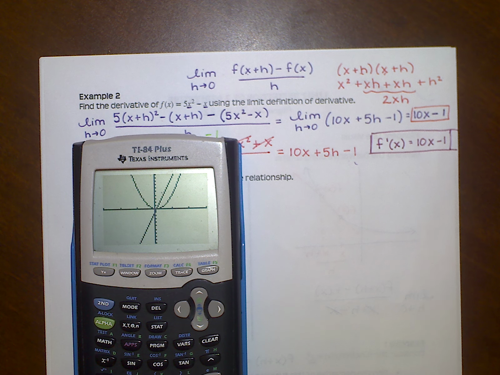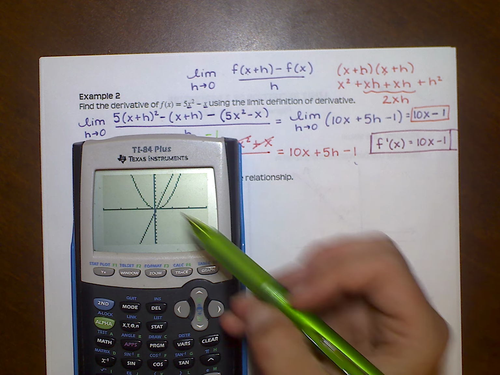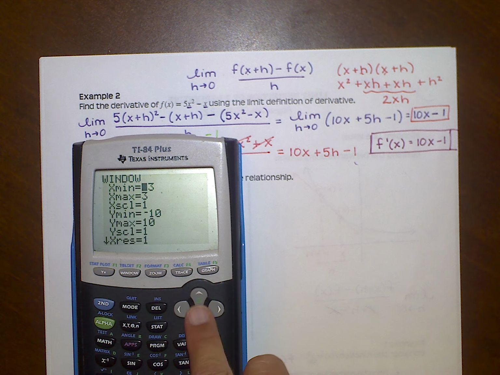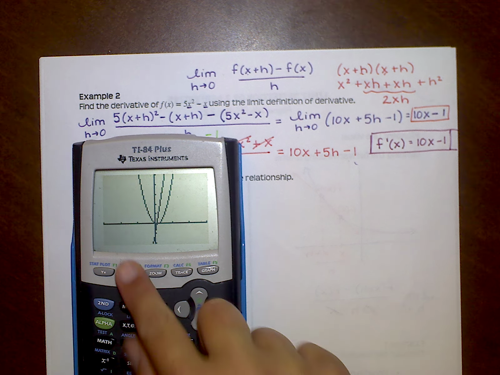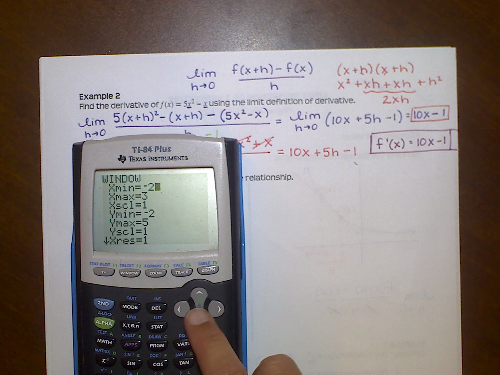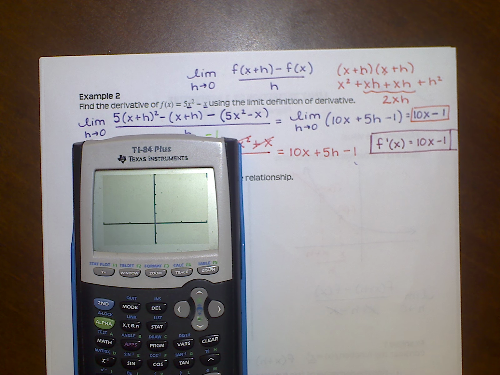Okay. What we should be noticing is that I'm still not seeing what I want to see. Let's see. I want to take this down. I'm just trying to make sure we can see the important piece here.